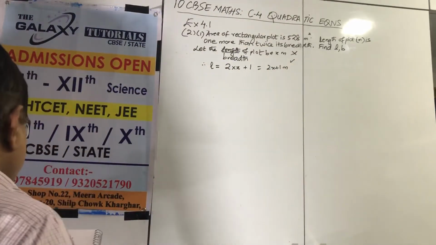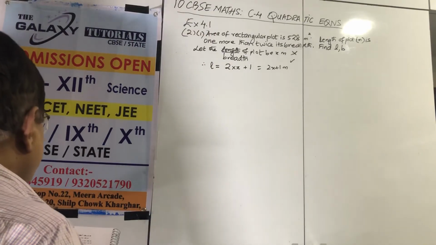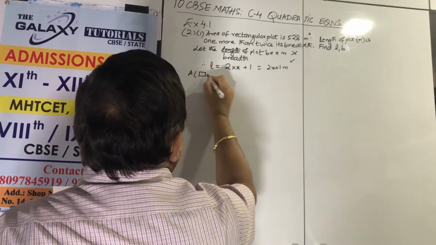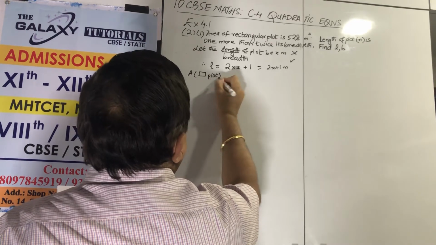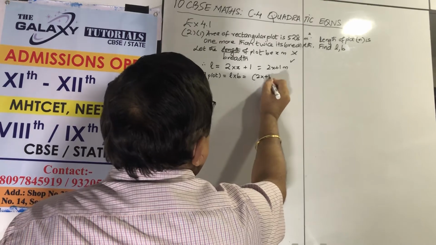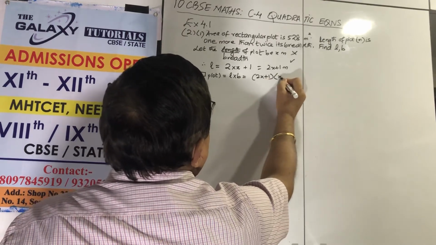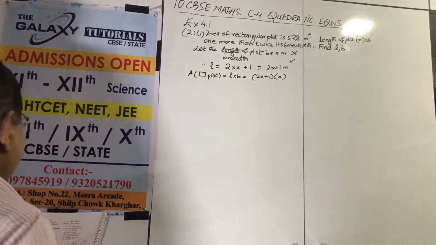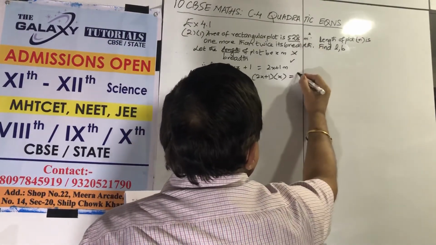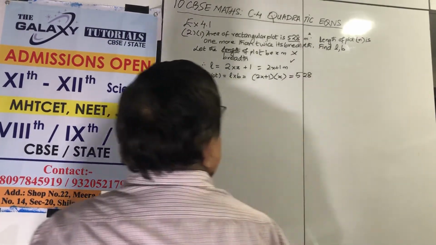Okay. Then I am told that the area of rectangular plot is length into breadth. That is 2x plus 1 times x. And I am told this is 528 meters square.